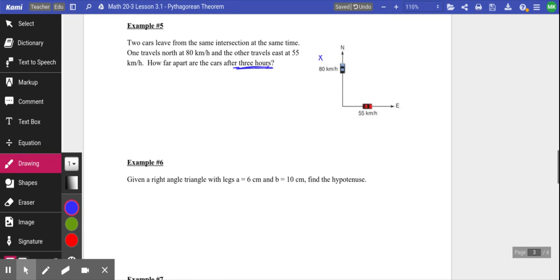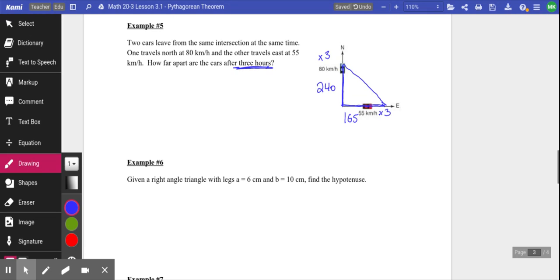So 80 times 3 is actually 240 kilometers. And then this side is 55 times 3. So you actually are doing Pythagorean theorem with 240 and 165.